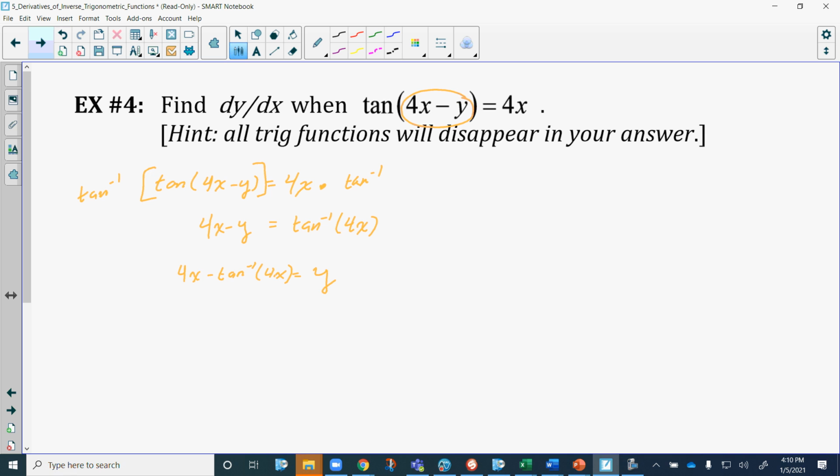Well, the derivative of 4x is just going to be 4. Again, forgive me, I'm going to just write my rule here. The tangent rule is going to be u prime over 1 plus u squared, and that's going to be the derivative of the function.